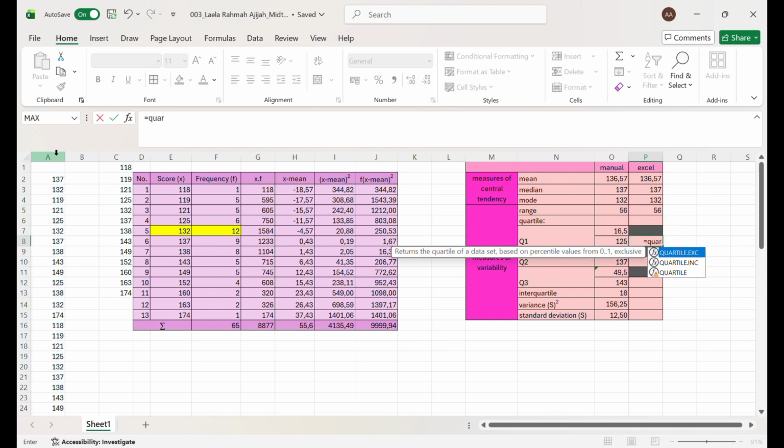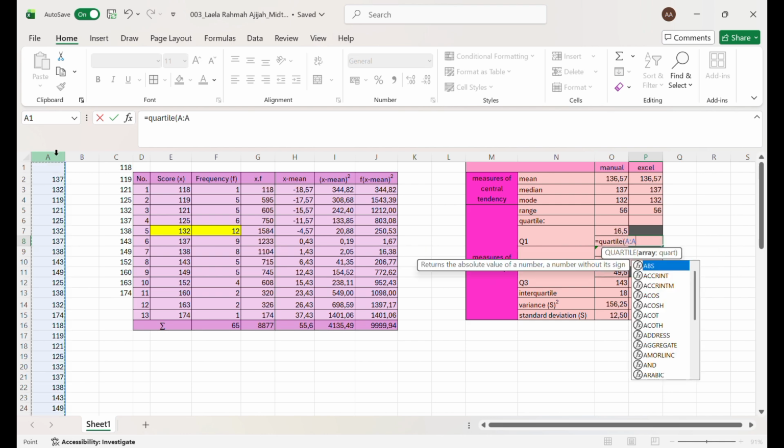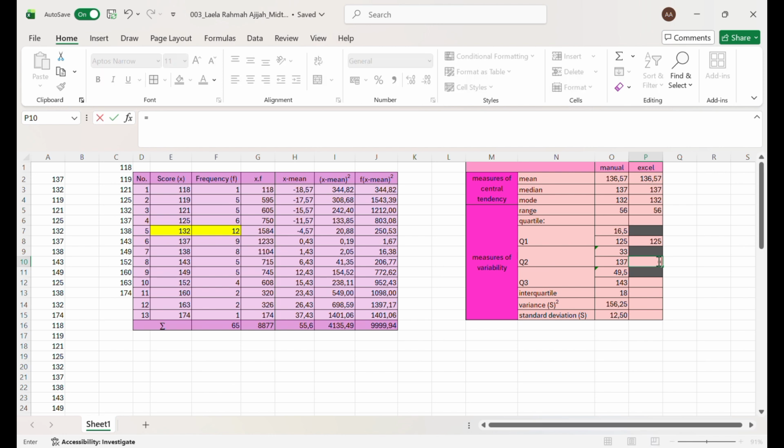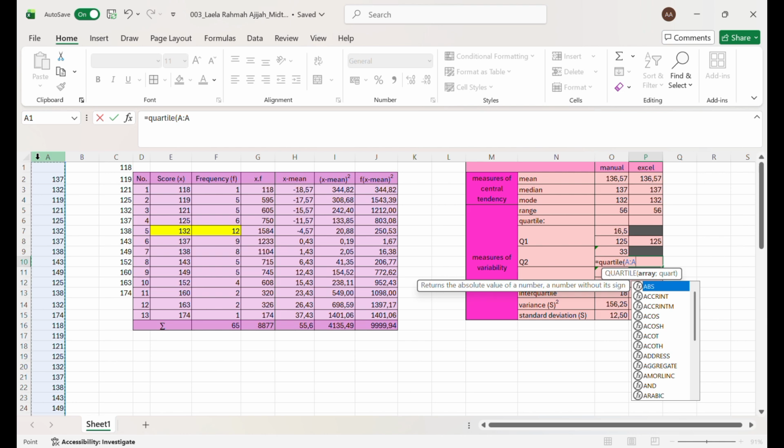For the quartile, we use the QUARTILE formula, block all the original data and follow the Excel rules by using a semicolon, and choose the quartile like this. For Q2 and Q3, you can repeat the Excel formula but with different quartiles.